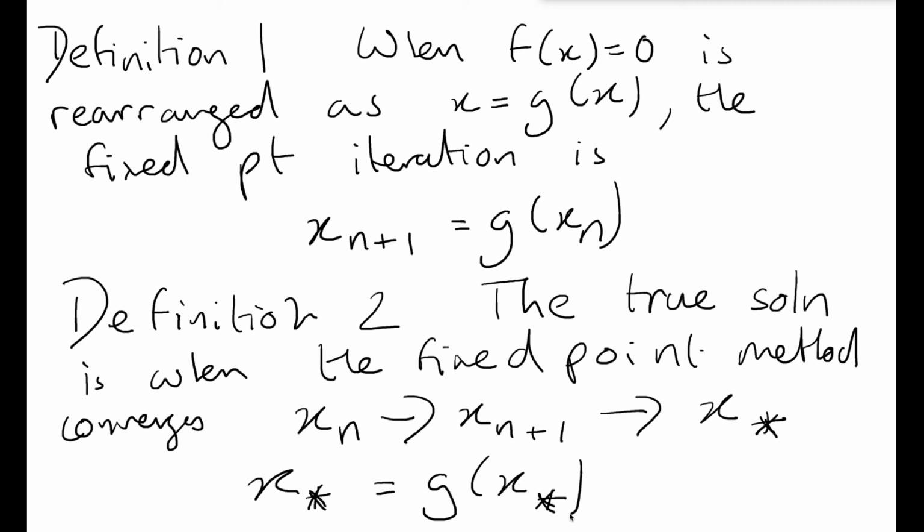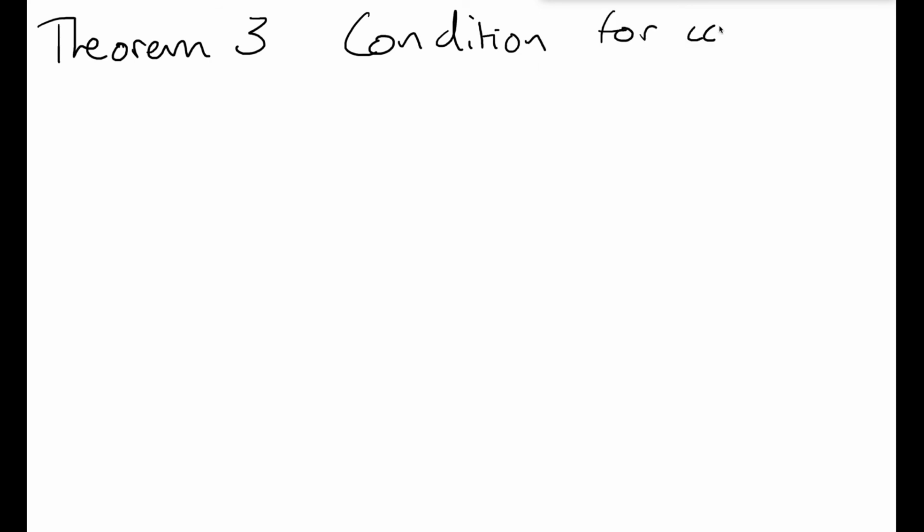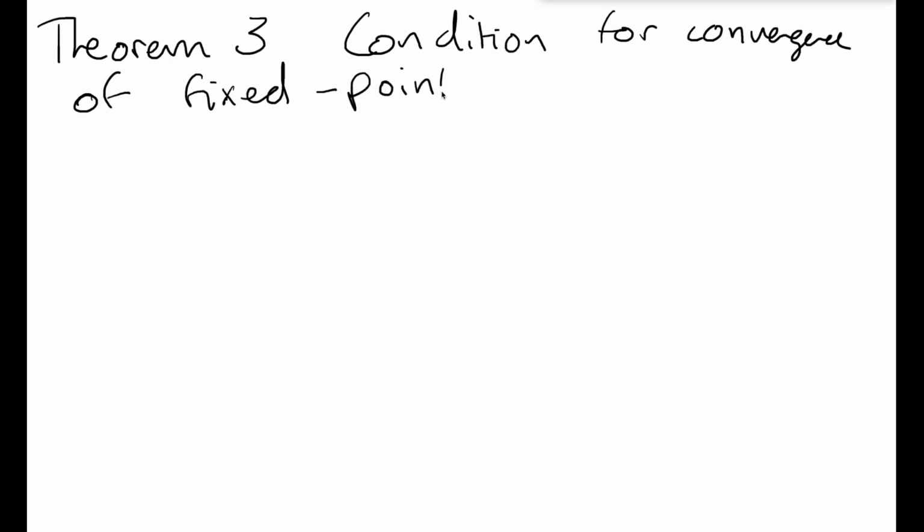And then the most important one is the third one. Sorry, not definition, theorem, which is our conditions for convergence, which we call theorem 3, condition for convergence of a fixed point. And that condition is going to be, now in our Newton notation, g prime of psi.